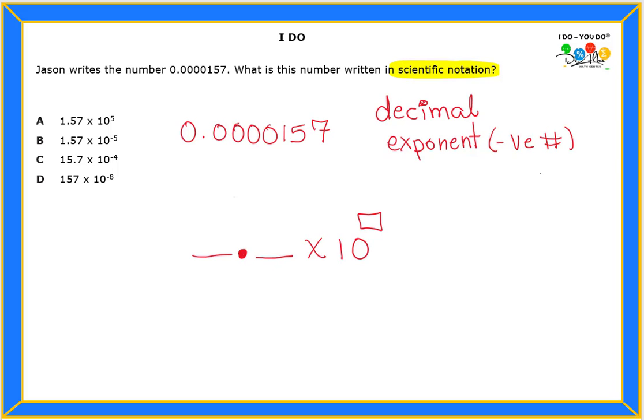If my number was a very large whole number, then my exponent for the 10 will be a positive exponent. I don't know if that makes sense to you guys, but I always use that to remind me. So decimal is a small number.